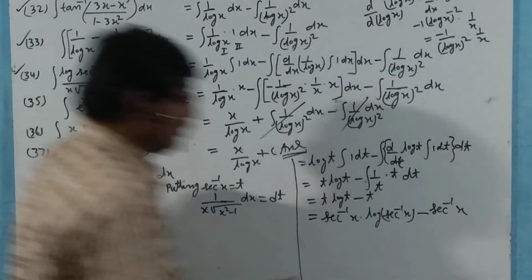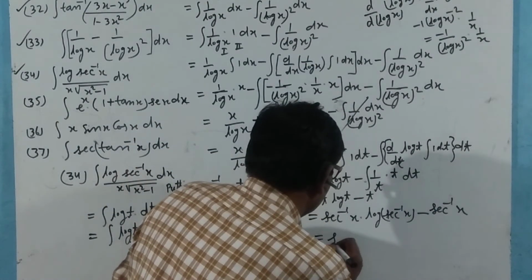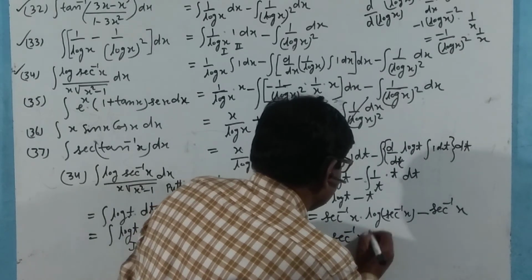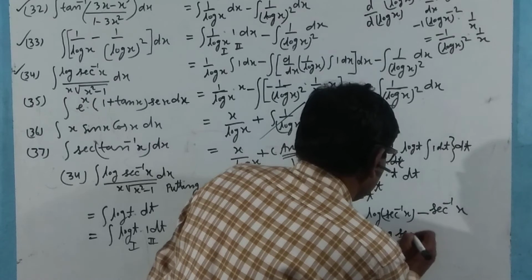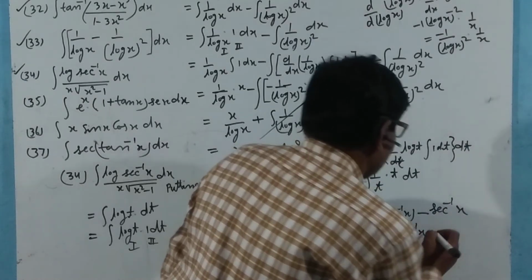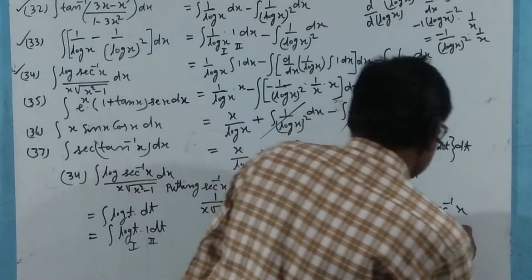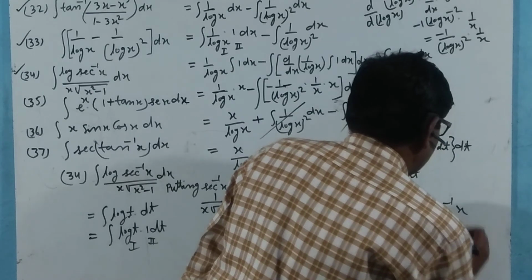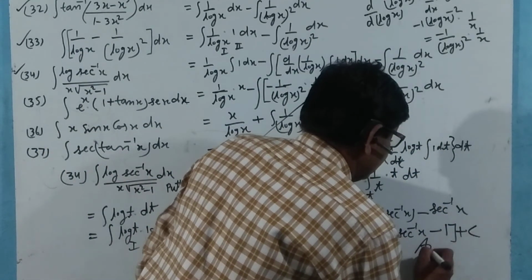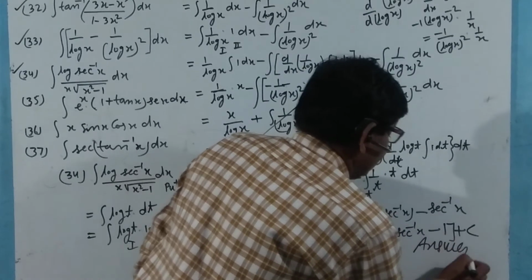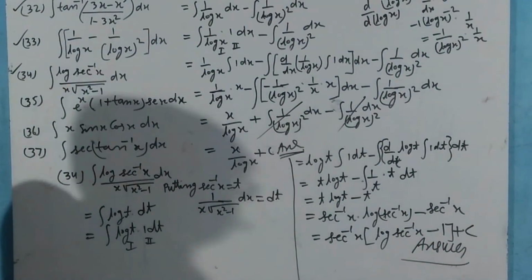Now we take the common here, sec inverse x, here log sec inverse x minus this is simply 1, and we add the integrating constant c here, so that this is our answer.